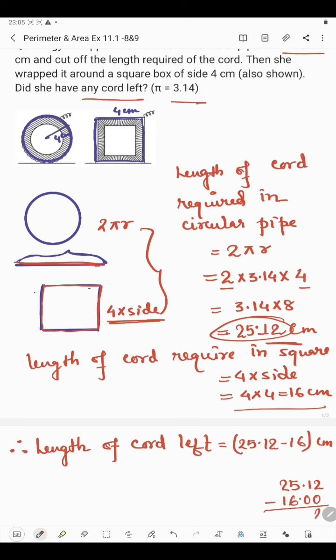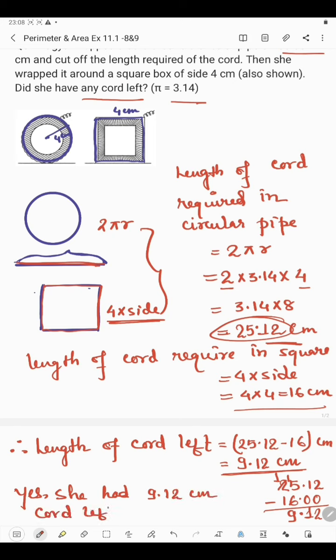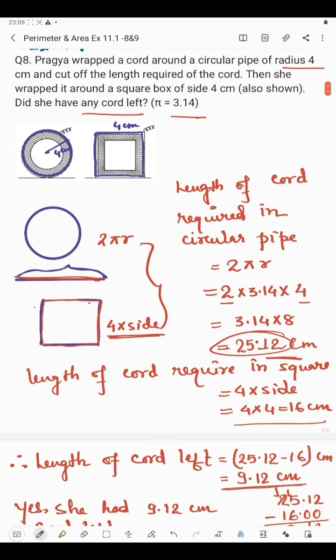Now 2 minus 0 is 2, 1 minus 0 is 1, 15 minus 6 is 9, and 1 minus 1 is 0. Now we'll have to put the point. So it's 9.12 centimeter. So did she have any cord left? Yes. She had 9.12 centimeter cord left. So this was question number 8.